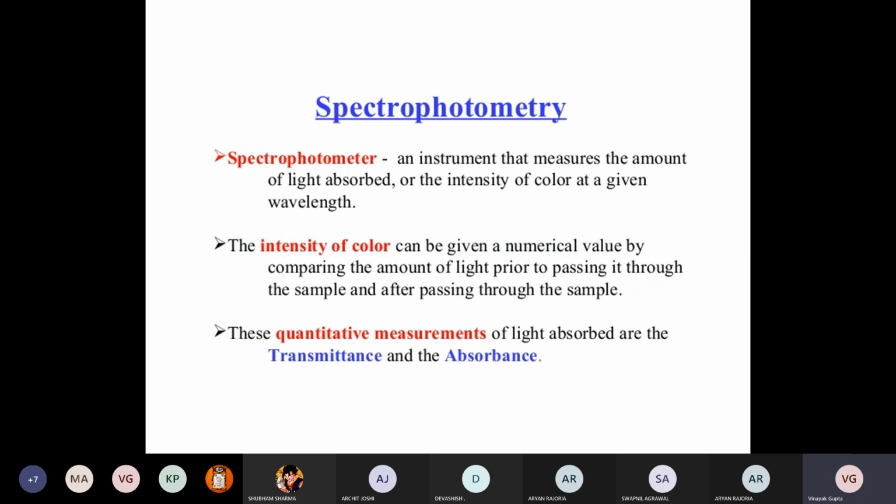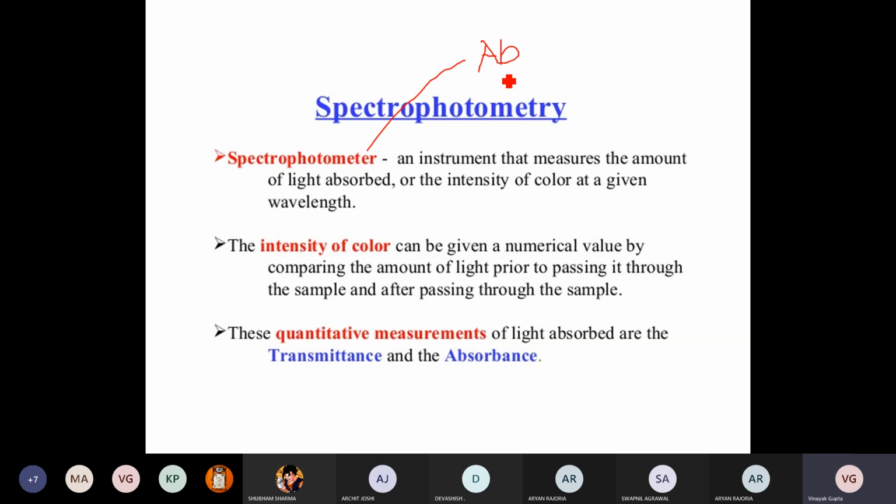So let's go through the spectrophotometer instrument. This instrument can tell you how much of the light is absorbed. Basically, it is going to tell you absorbance, A, of light by a particular sample, whatever it is. It is not necessary to be DNA or RNA.